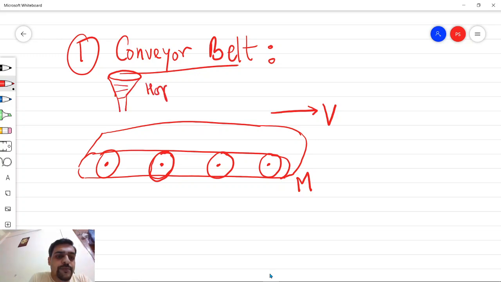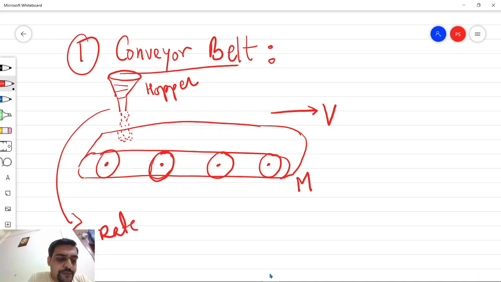So the hopper puts some mass at a fixed location. Let us say that this mass is put on the conveyor belt at a constant rate given as dm by dt.